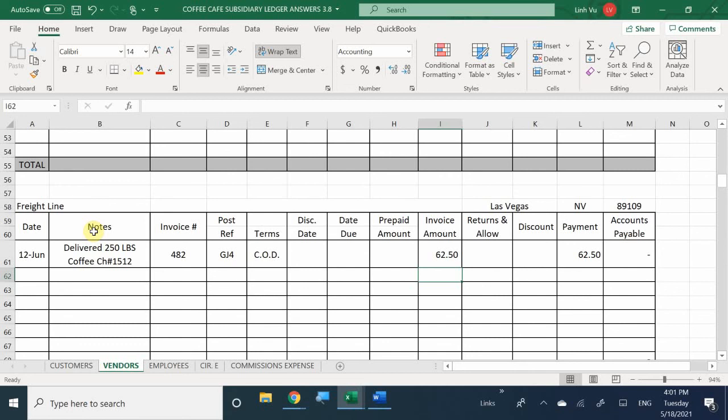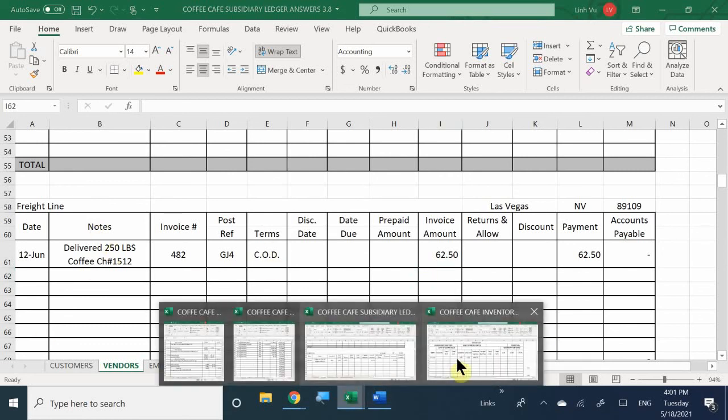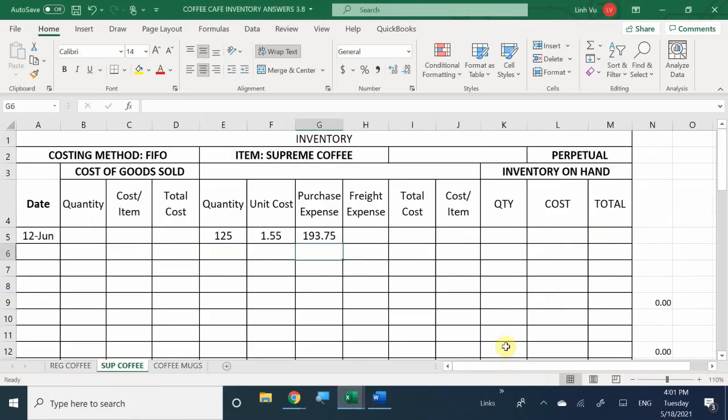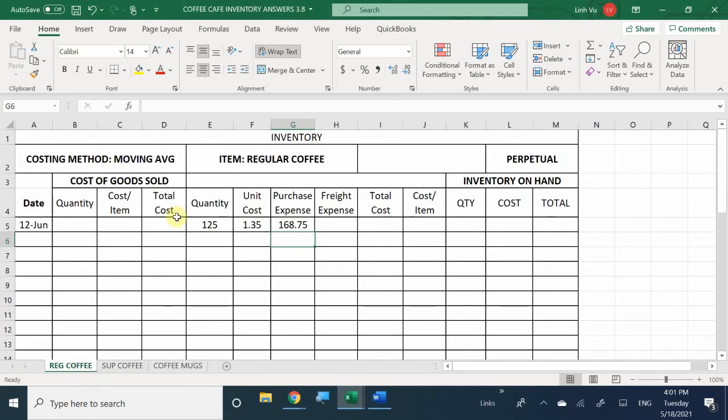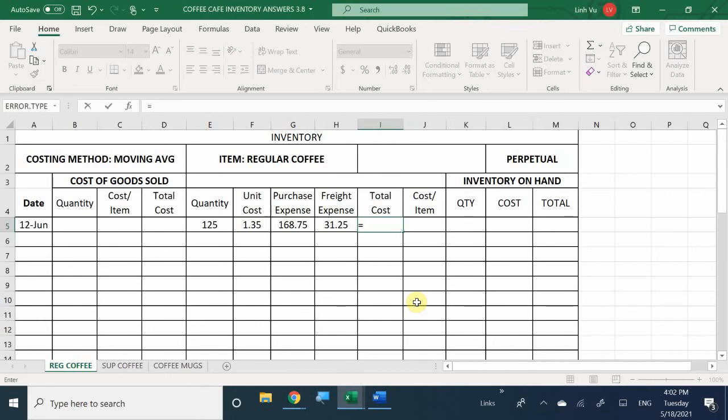Okay, all right. The last thing we're going to be doing is entering it into the inventory worksheet. We're going to start with regular coffee once again. Here, we're going to enter that the freight cost was $31.25.